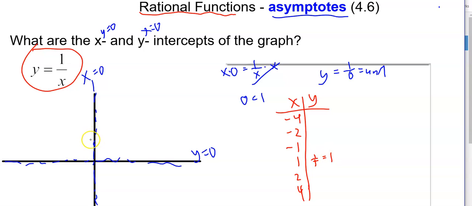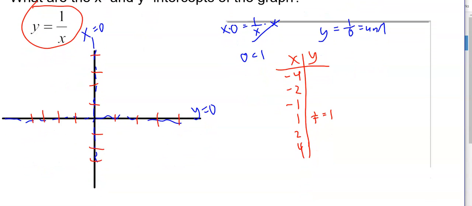I'm just going to put some tick marks here. So 1, 1 is a point on this graph, so it goes through that point.